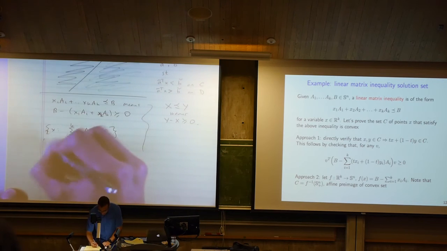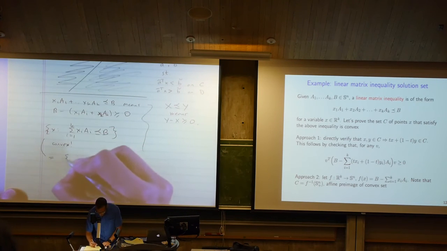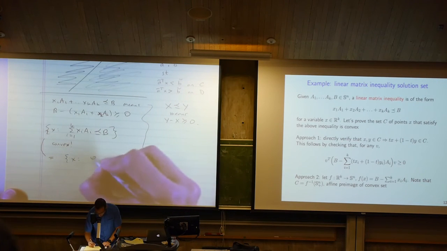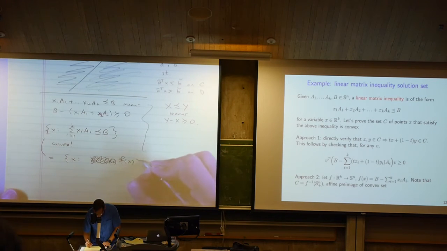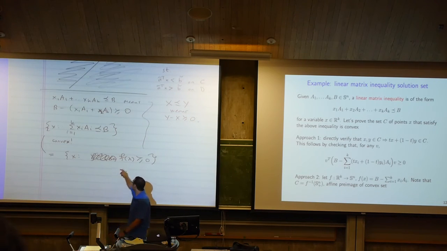And this set is equal to the set of all x such that this is true. The set of all x for which, when I apply this affine function to x, I get a positive semi-definite matrix back.